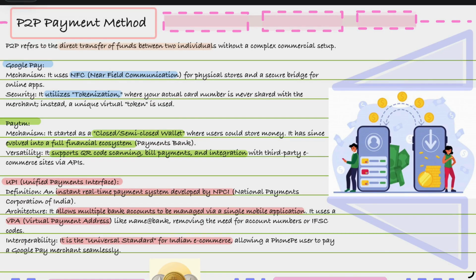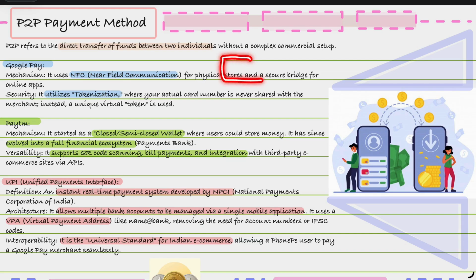Let's talk about a highly valuable short note question which might be frequently asked in your exams. What is a digital wallet and P2P, that is, peer-to-peer payment? A digital wallet is basically a software application configured to store payment instruments.